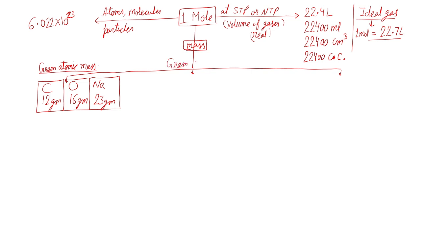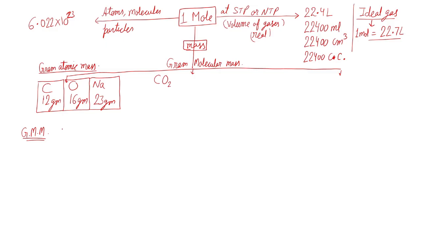Now it is gram molecular mass. It means that we have 1 mole of molecules and the mass written in gram. So it is like CO2. How do we find the gram molecular mass of a compound?